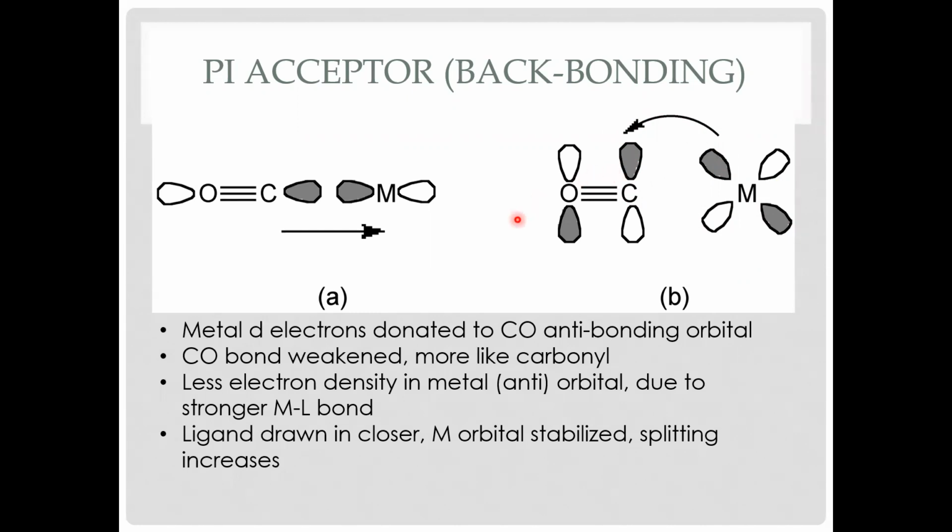So what happens then? Our carbon monoxide gets weakened. Why? Because we're putting electron density into this antibonding orbital. So the bond is less than a triple bond. It's more like a double bond, not quite double, but somewhere in between. There is less electron density in the metal antibonding orbital due to that stronger metal ligand bond. And the ligand is drawn closer.